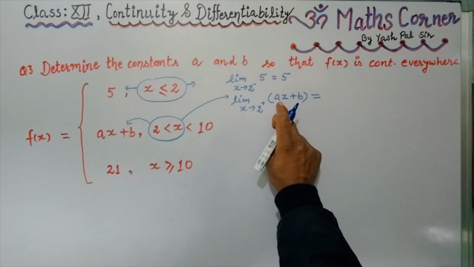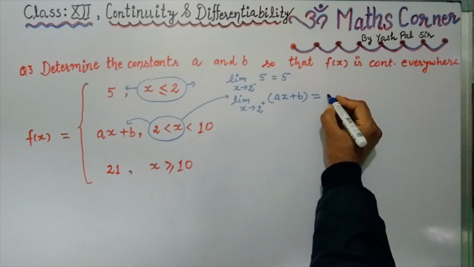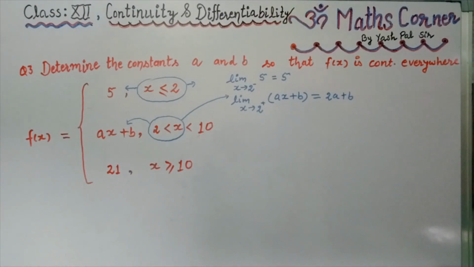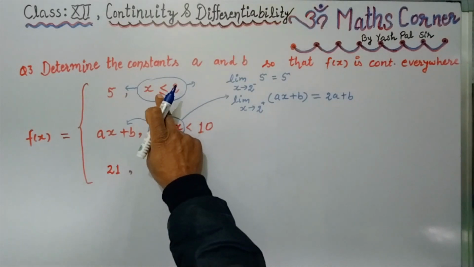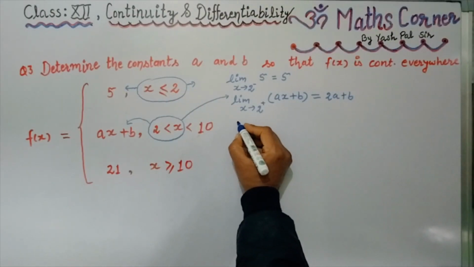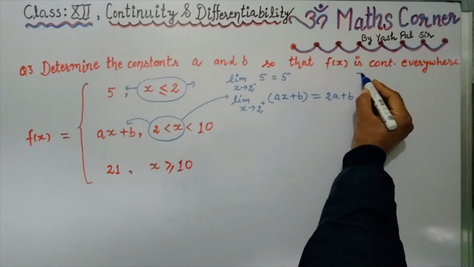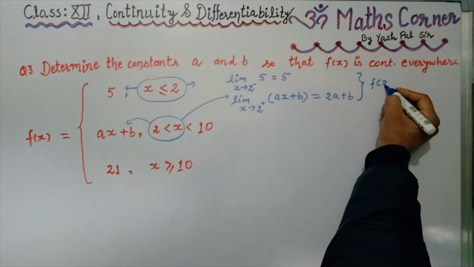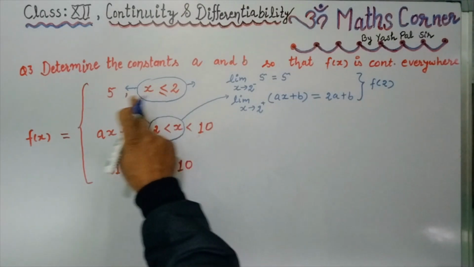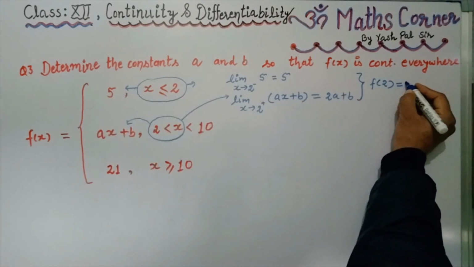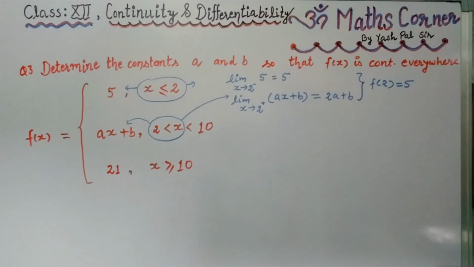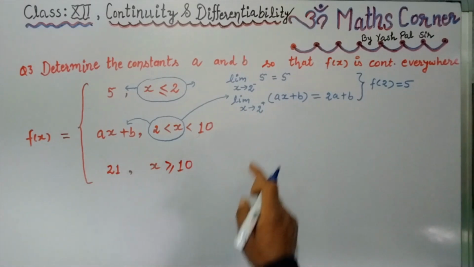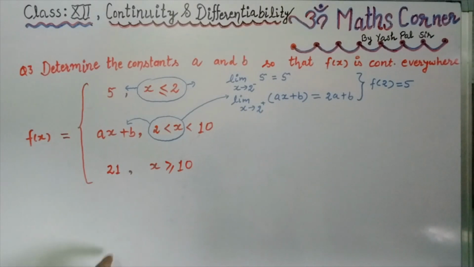Now we put x is equal to 2 in this function. This becomes a into 2, 2a plus b. Moreover, the equality sign: from this we say the functional value f of 2 is 5. Now this function is continuous at x is equal to 2.